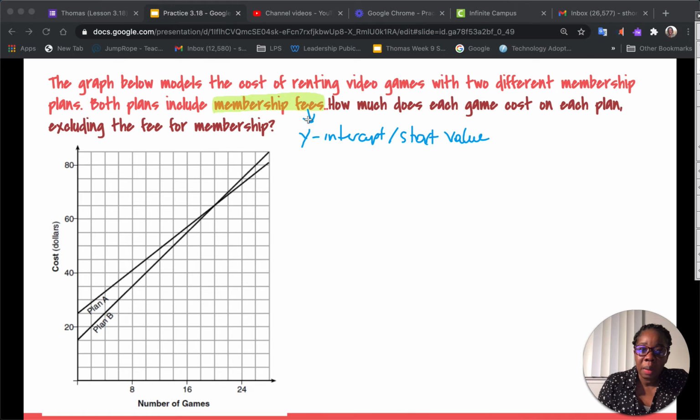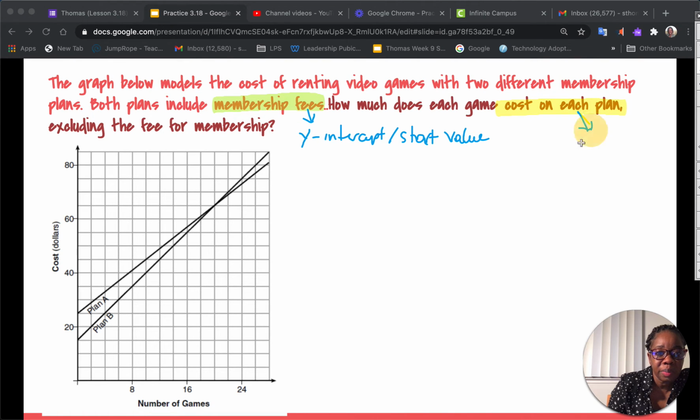And then the cost per game, the cost for each game, that is actually going to represent the slope of each of the lines.